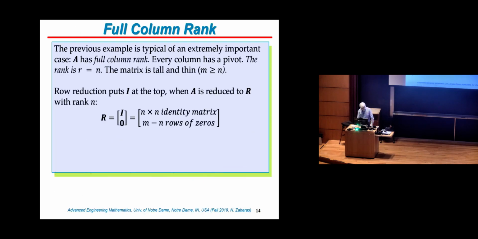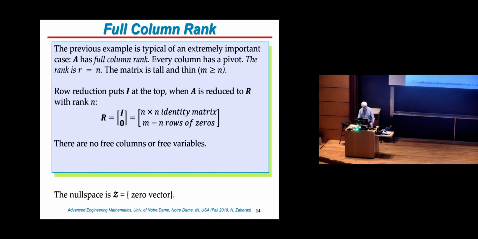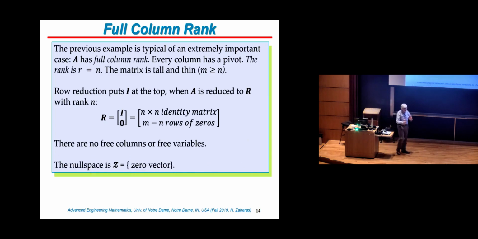So let me start to help you see the general case of this matrix R. Let's look at the generalization of this full column rank case, where n minus r is equal to 0.